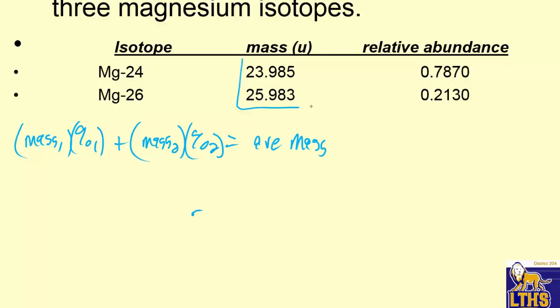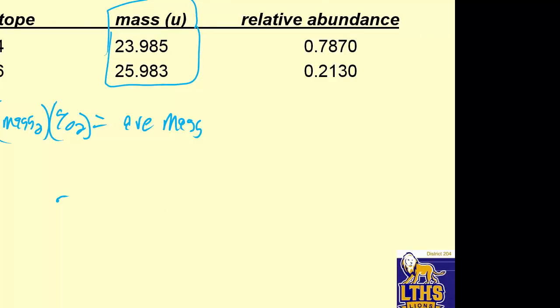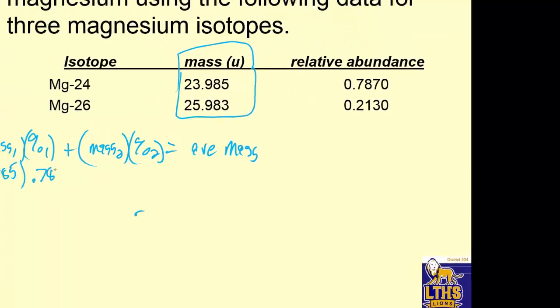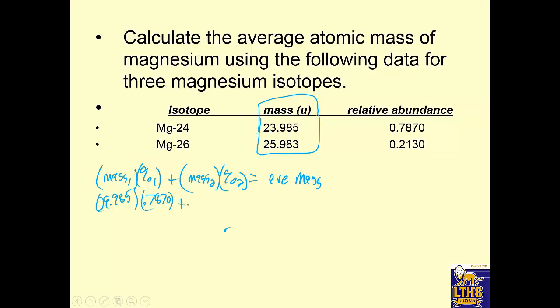Now notice they give you a little bit more specific masses here: 23.985. Again, my percentages. Now notice they gave me the decimal form already, so I don't have to change that. 0.7870 plus 25.983. Percentage 2 is 0.2130, equals.